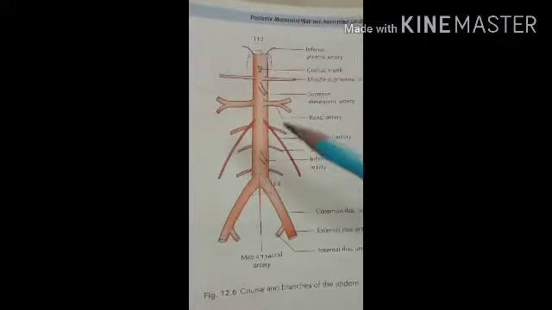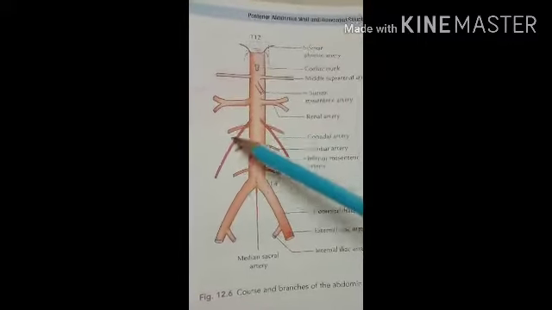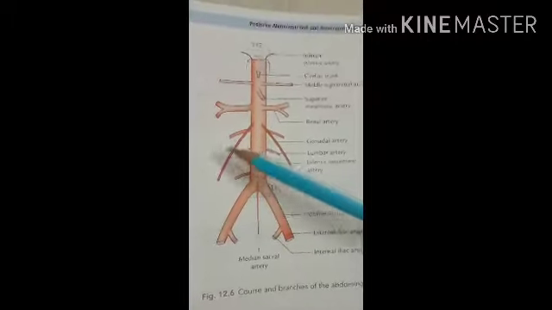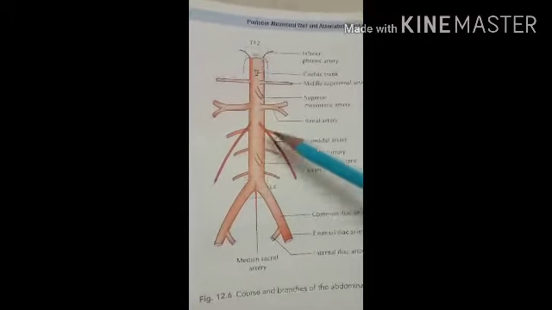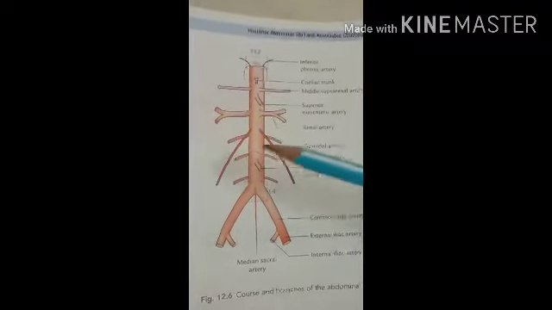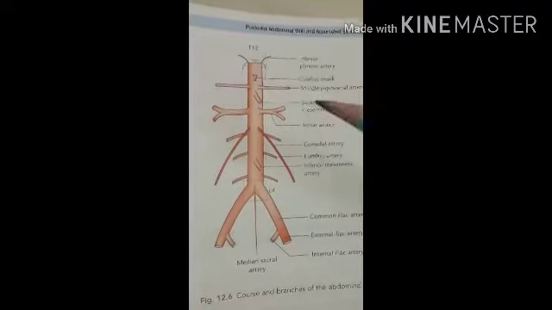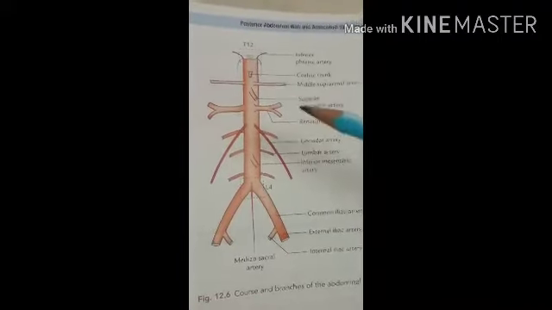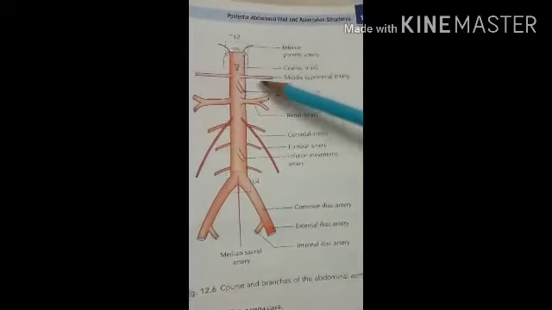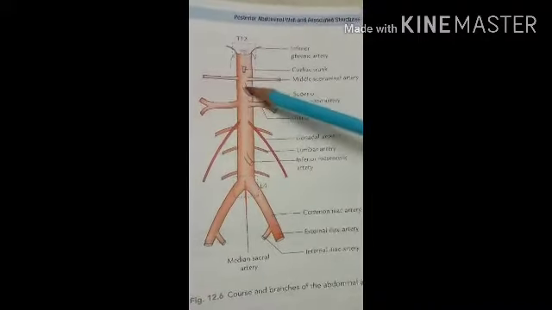And the third paired artery is the gonadal artery. In the male it forms the testicular artery, and in the female it forms the ovarian artery. So these are the three main paired arteries. Apart from this, there is another paired artery, the middle suprarenal artery. Here you can see the middle suprarenal artery.